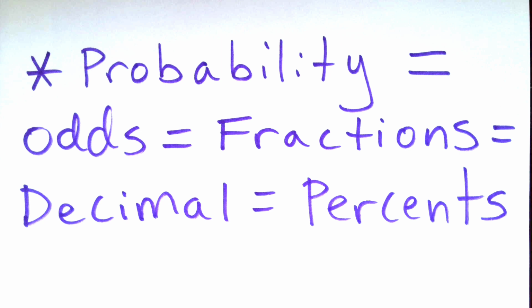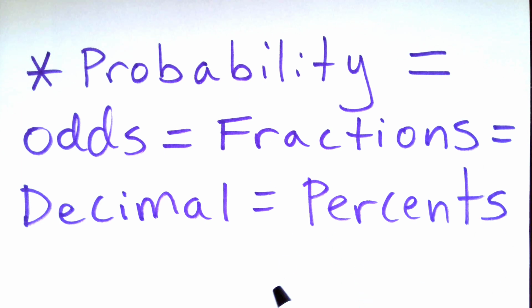Okay, so I want to share with you, probability, right? What's the probability, or what's the odds? Fractions are equal to decimals. There are decimal values for fractions, and then there are percent values for decimals. So it's all related, right?